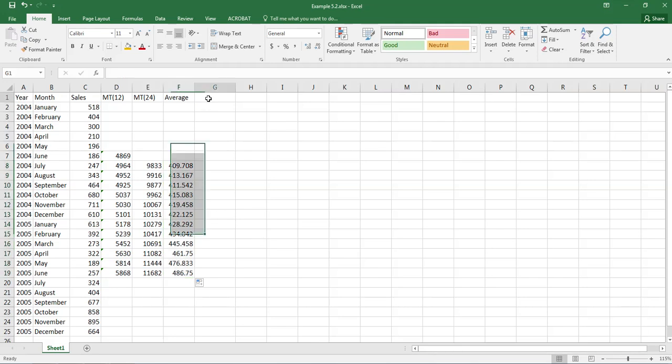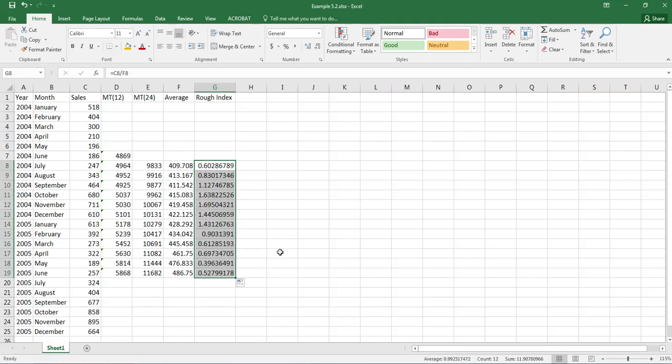Then we can find the rough index, which is the monthly sales over the monthly average. They are rough index because they do not have an average of exactly 1, which is what we want.